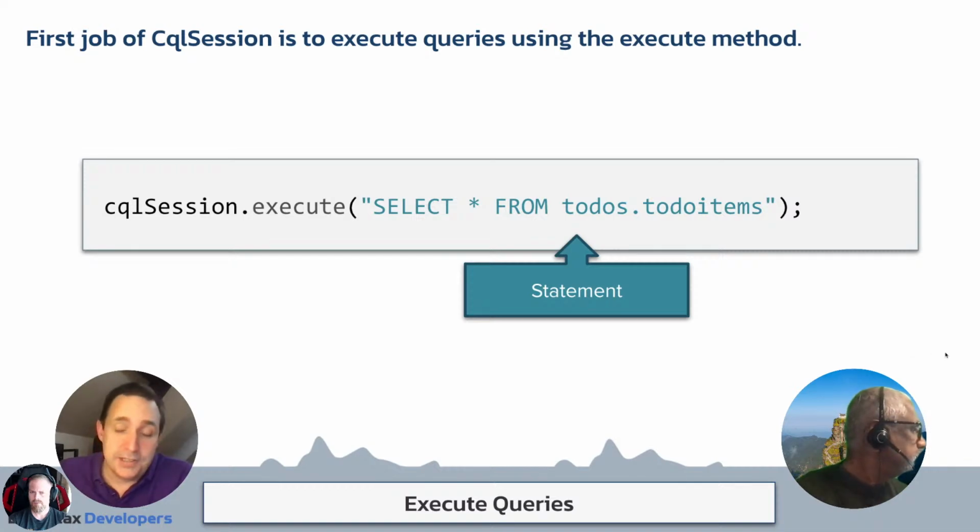No surprise, to communicate with the database, you will need some queries. In the database world, any query is called a statement. With the Cassandra drivers, any query you execute will be converted under the hood into a statement. And a statement is way more than just a string, as you can see on the next slide.